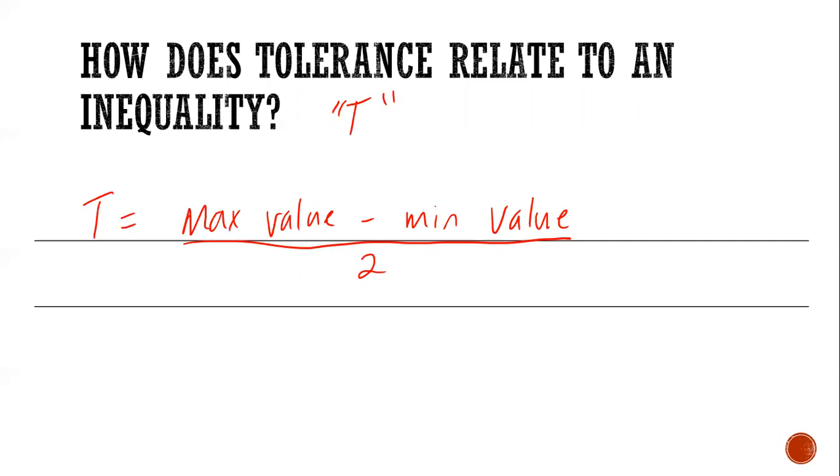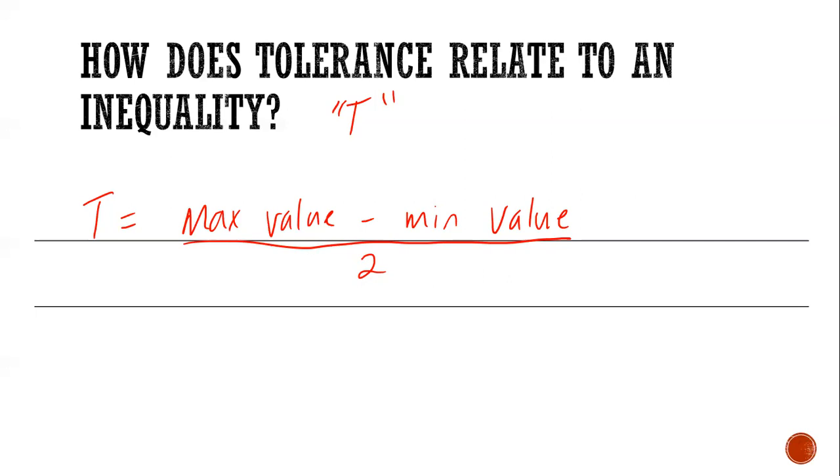To calculate tolerance, it's our max value minus our min value divided by 2. All right, good.